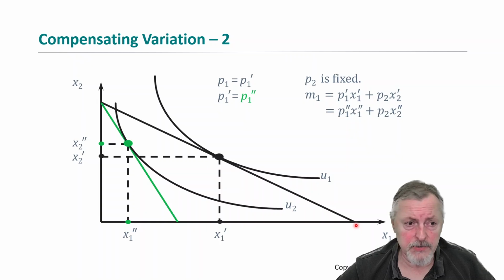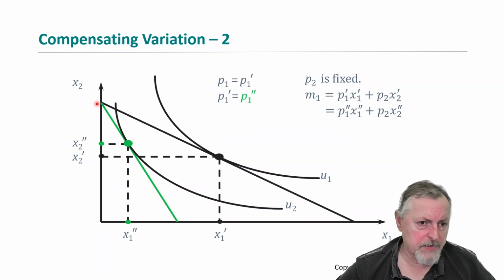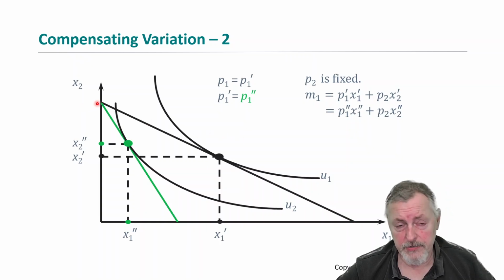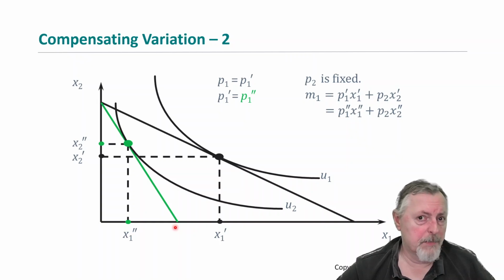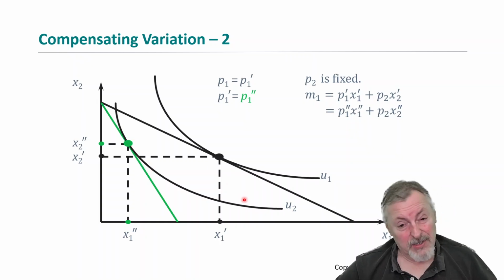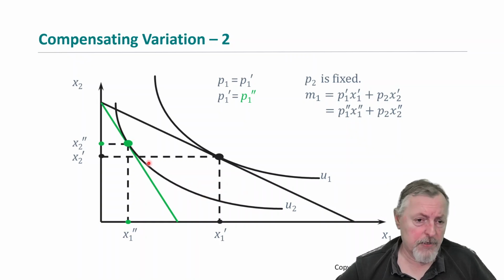If it does, well, this end of the budget line is going to stay where it is. But this end will swing in, so that now you're on this green budget line. You will reoptimize. This is a lower indifference curve, meaning a lower level of utility for all of these. Then you'll reoptimize to there.